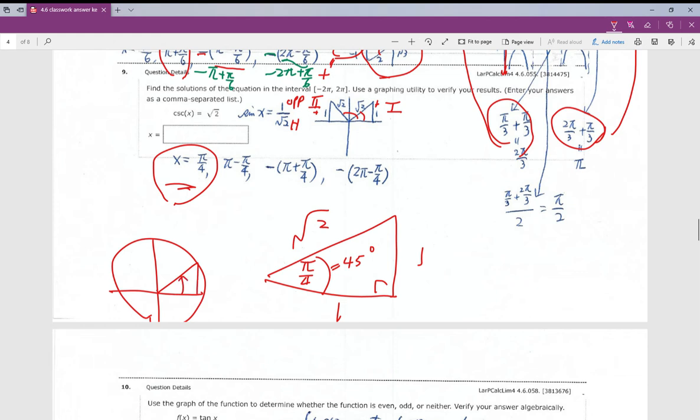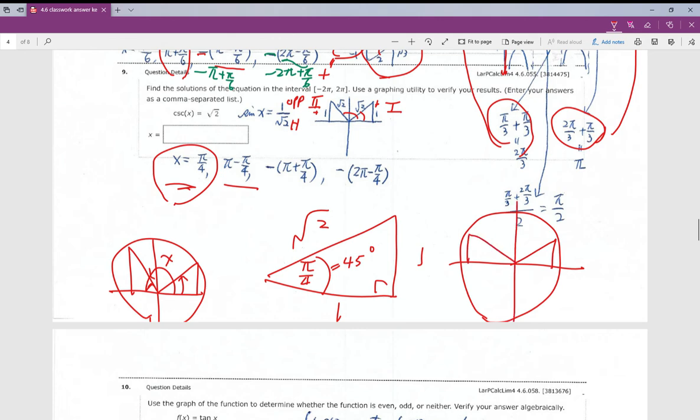And the other angle, you can do pi minus pi over 4. So the other angle, pi take away pi over 4, will be this one, up to here. This is the x. Now, if we want to go in the negative direction, you have two angles here.